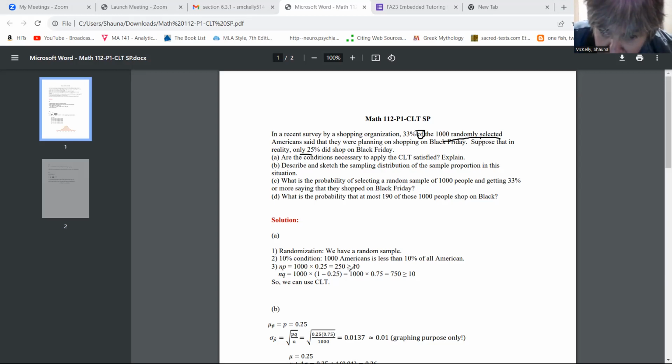On part B, we're actually going to describe and sketch the sampling distribution of sample proportions for this situation. This is very similar to sketching a curve like you did in section 6.1 and 6.2, okay? If you remember how you did that, you're going to draw a number line, okay?